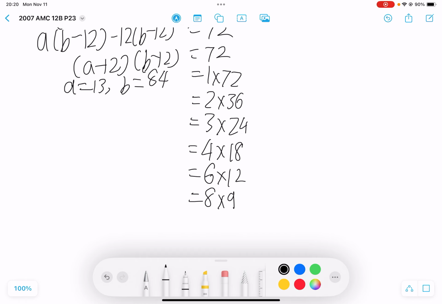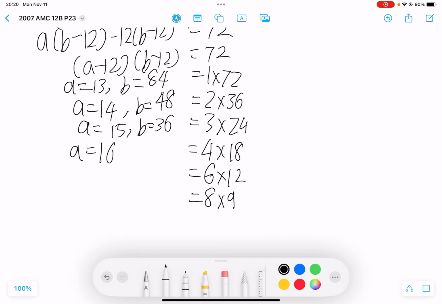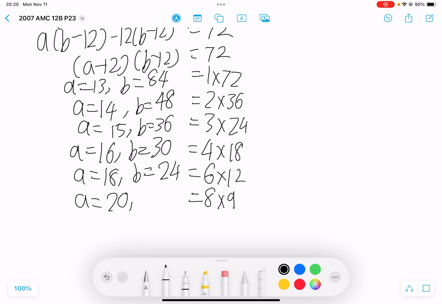And then we have A is 14 and B is 48. And then we also have A is 15 and B is 36. And we also have A is 16 and B is 30. We have A is 18 and B is 24. We have A is 20 and B is 21.